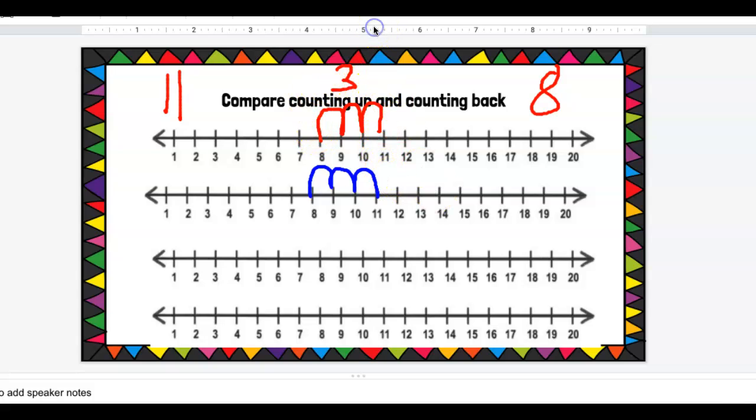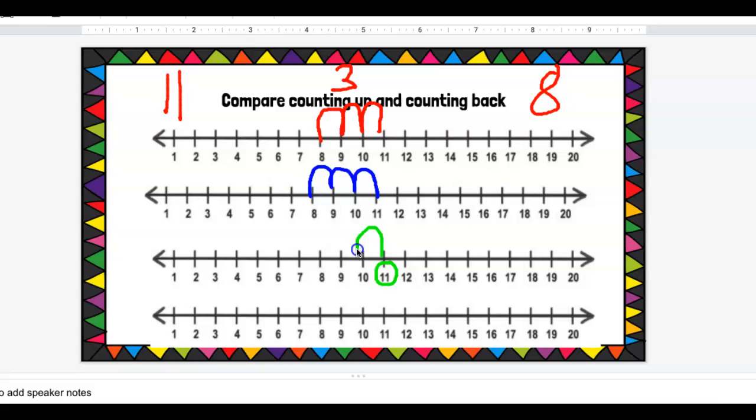Then I bet there's even a few people who tried this strategy. They started at 11 and they took 8 hops. So they got rid of all those pennies that were in one hand, or they got rid of everything that was on their friend's forehead.